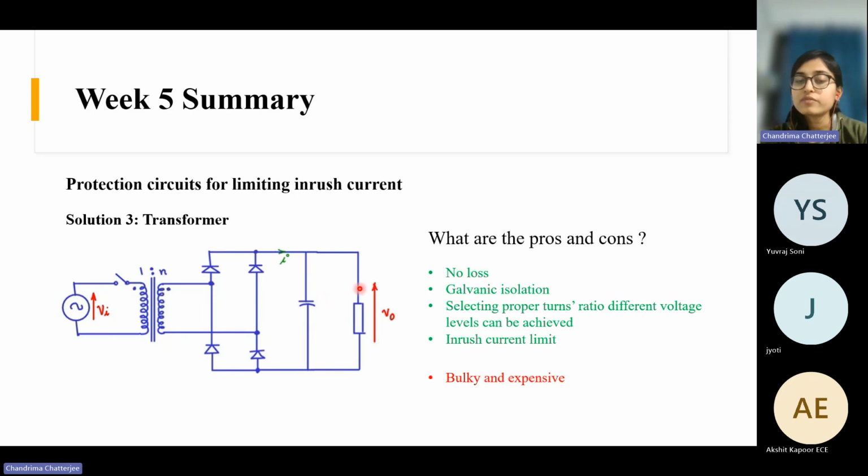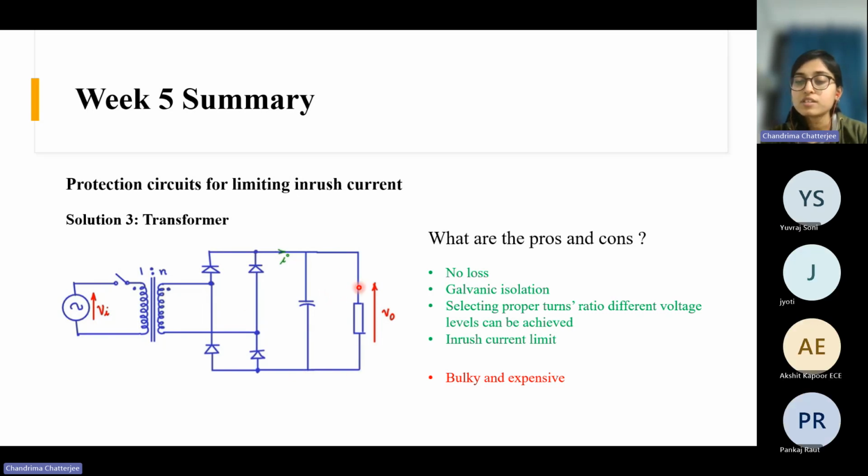And also if there is some surge on this side, that will not get reflected on this side. That is the advantage of galvanic isolation, because there is no electrical connection between these two points, right?